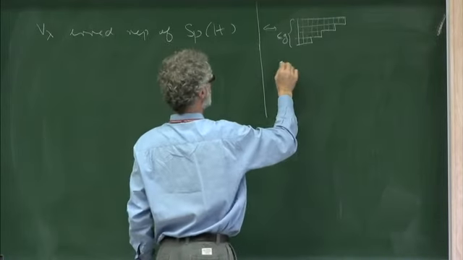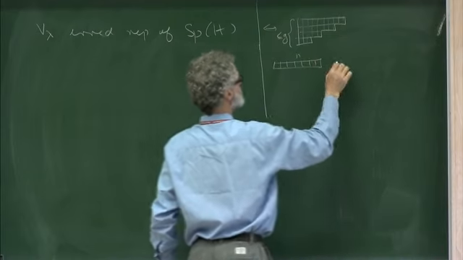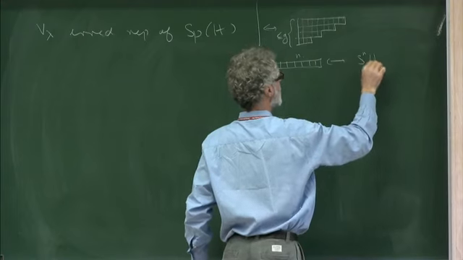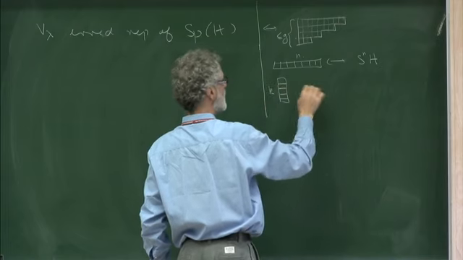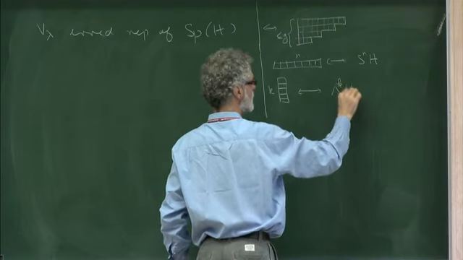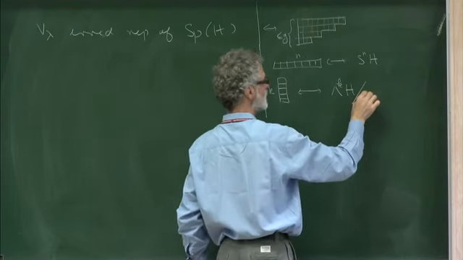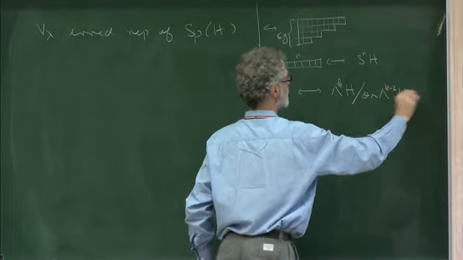For example, if I just look at n boxes in a row, this corresponds to Sym^n of H. And if I look at, say, k boxes in a column, you might like it to correspond to the exterior power, but this is not irreducible. You have to take the intersection pairing and mod it out.